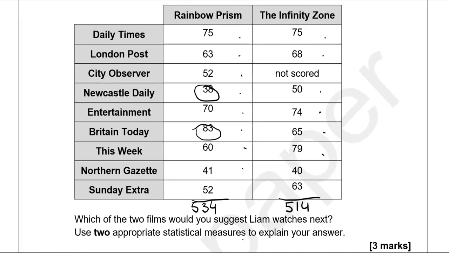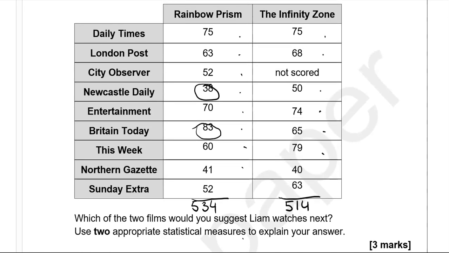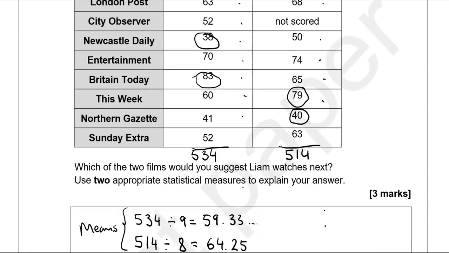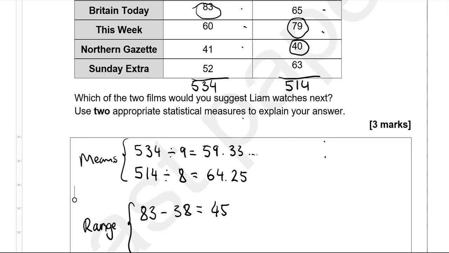Now looking at the infinity zone, the highest score there is 79. The lowest is 40. So 79 take away 40 gives us 39.